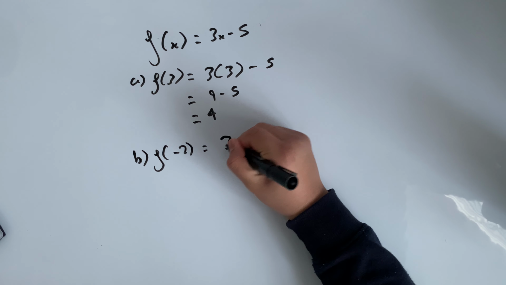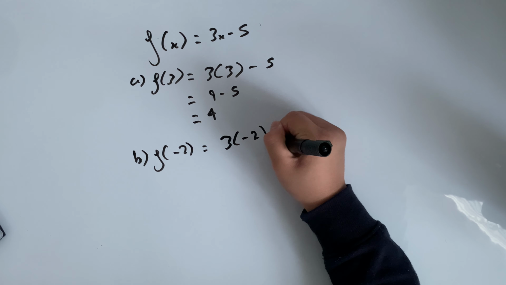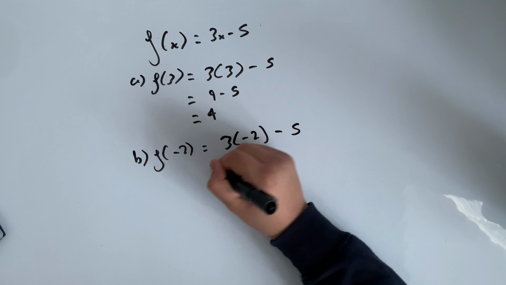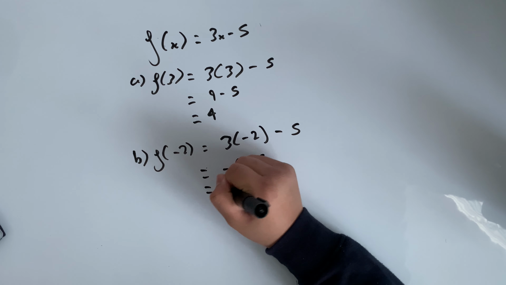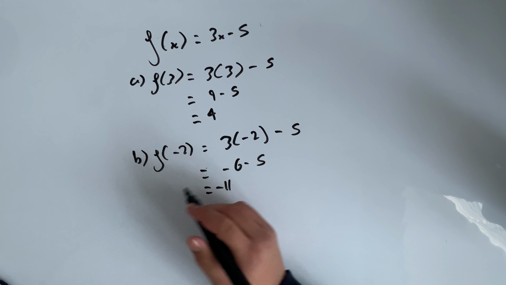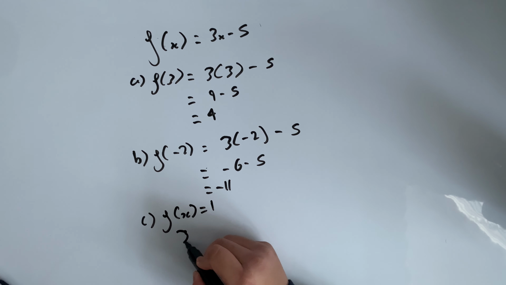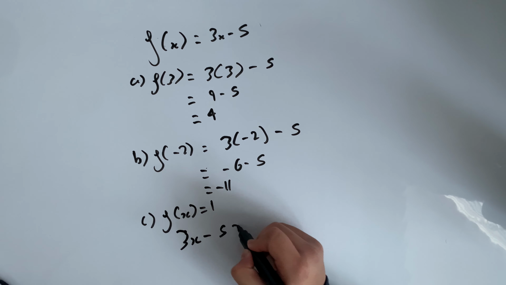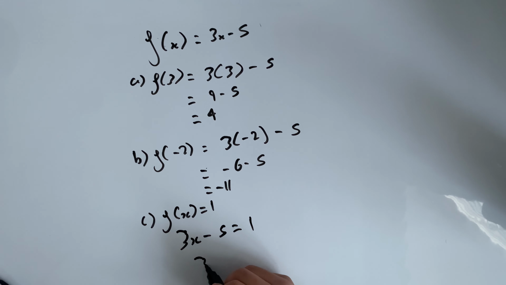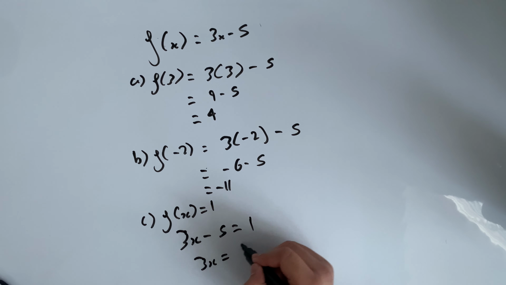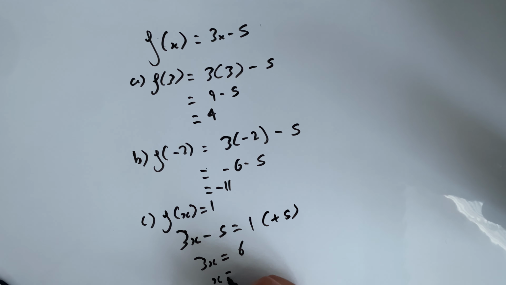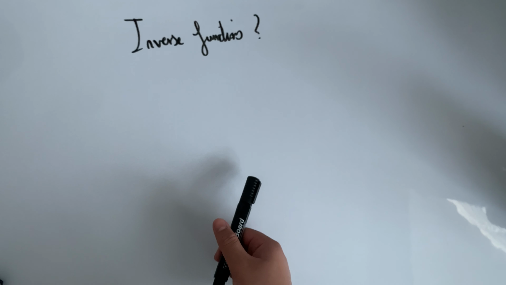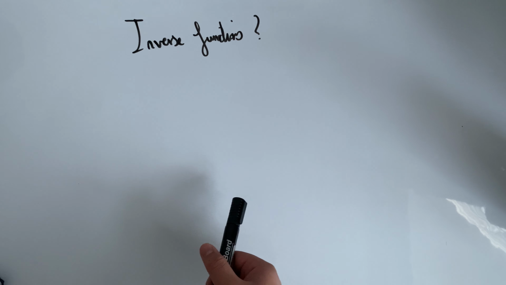So 3 times minus 2 is minus 6, minus 5 forms minus 11. And for C, so 3x minus 5 equals 1. 3x equals 6. Then x equals 2.